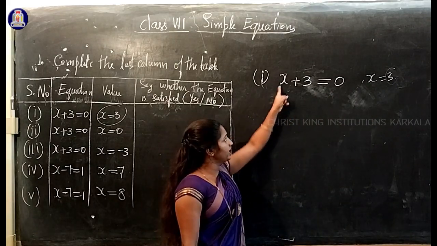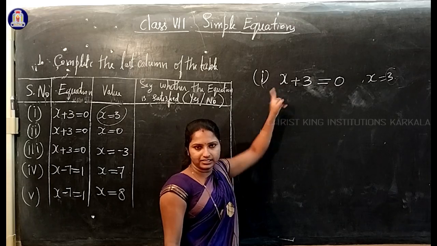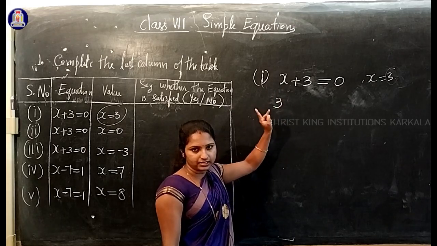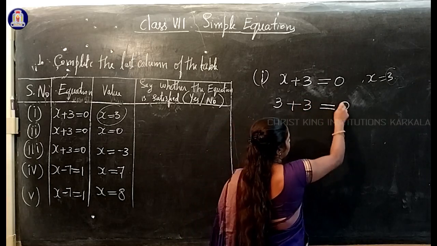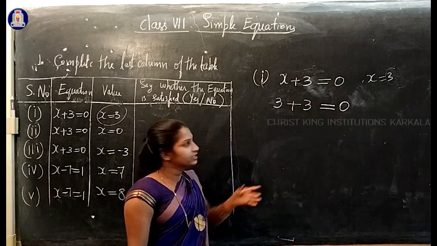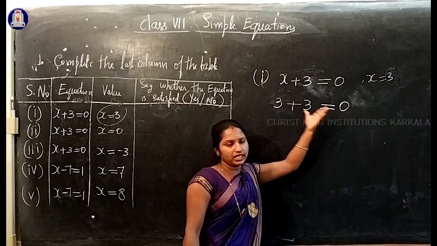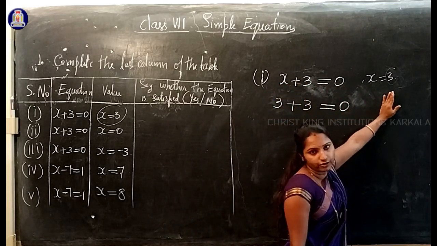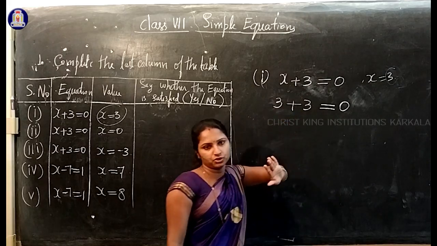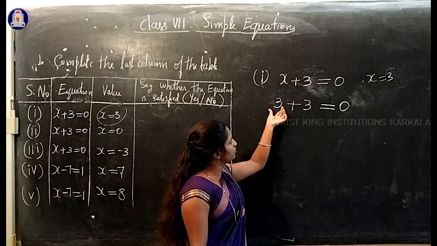So 3 plus 3 is equal to 0. The remaining numbers, write as it is. Only in place of x the given value is written. You have to substitute. Clear? So in place of x I wrote 3.